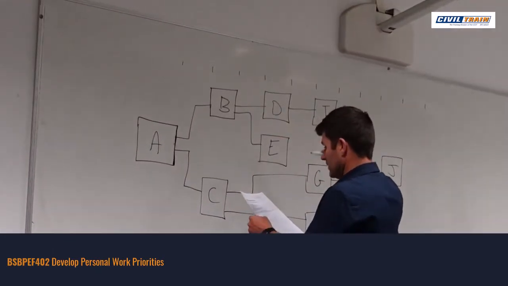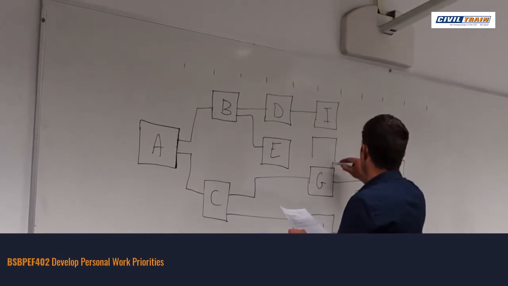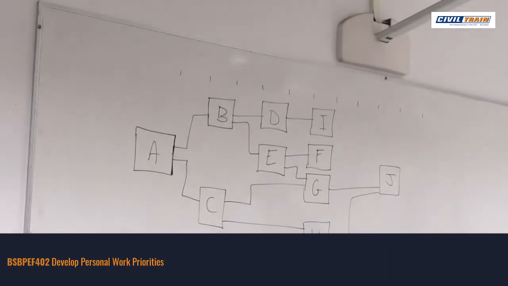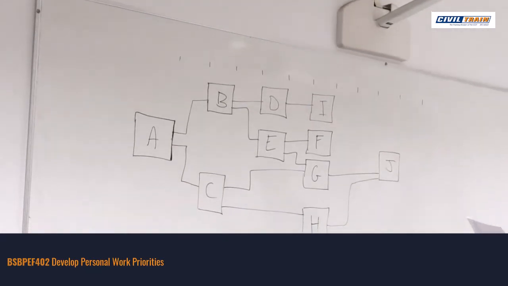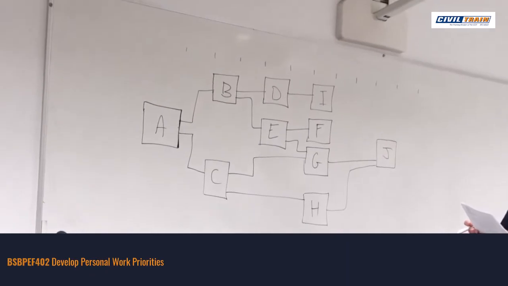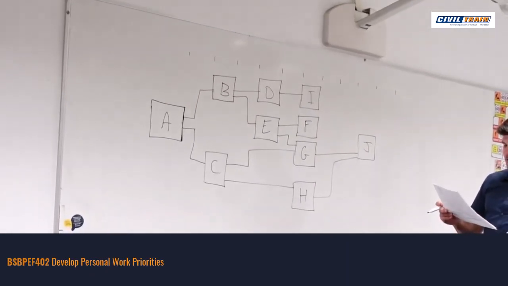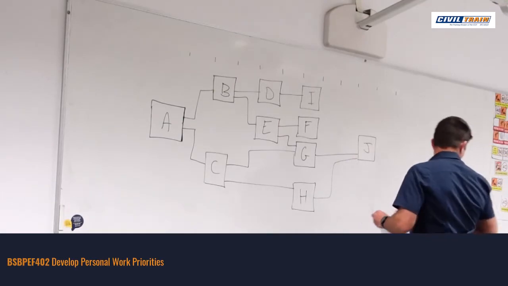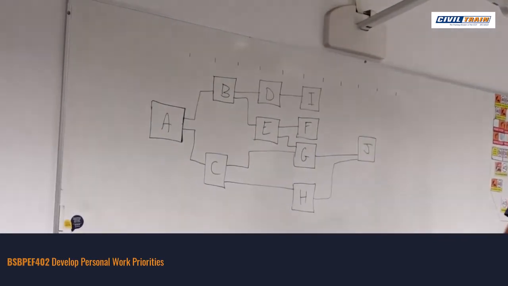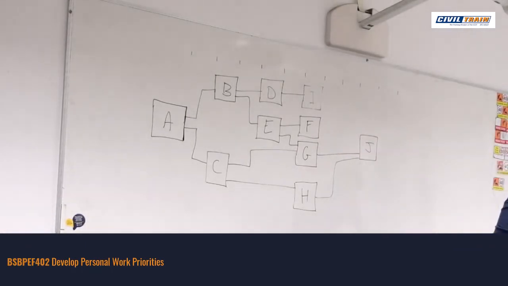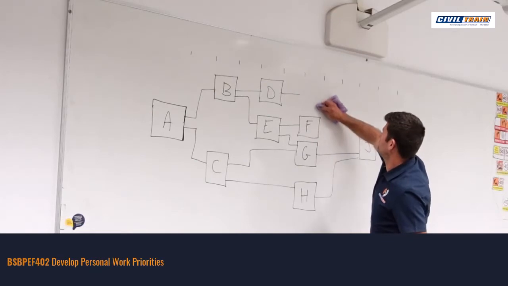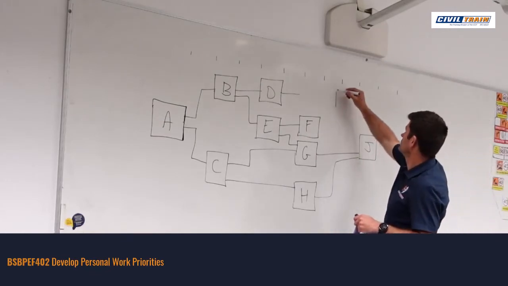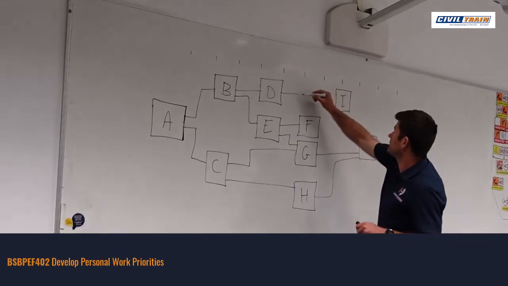E starts after B and finishes before F and G. F and G. I follows F and finishes before J. So what that shows me, if I follows F, I've got to move I. Because it's after F. Still keep that dependency.